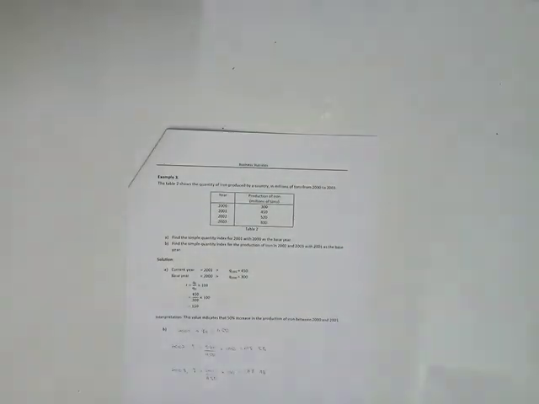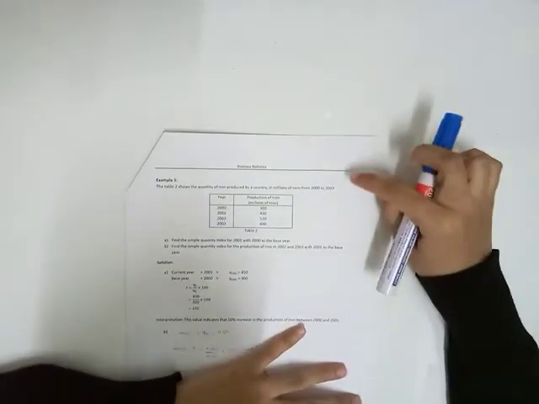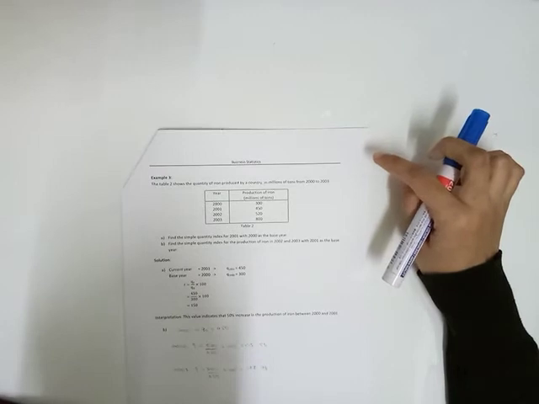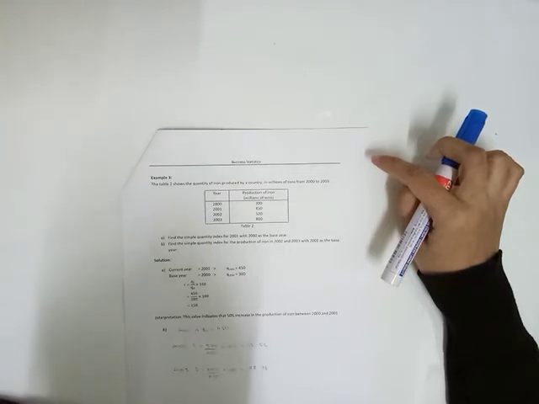Alright, the table 2 shows the quantity of iron produced by a country in millions of tons from 2000 to 2003. Okay, look at A. Find the simple quantity index for 2001 with 2000 as the base year.